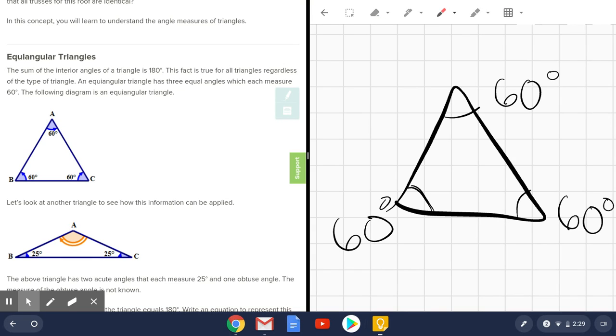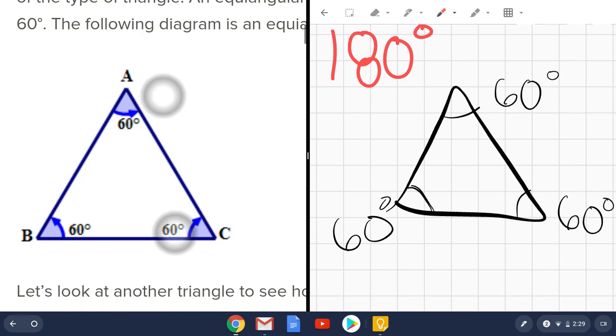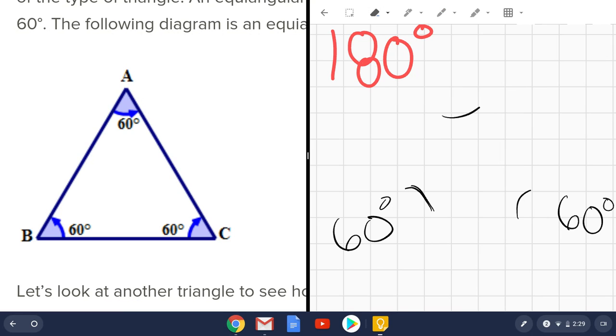So I'm going to keep that right here, 180 degrees. That's our total, and I'm going to try to keep that up on the page as much as possible. This fact is true for all triangles, regardless of the type of triangle. So it doesn't matter if it's obtuse, equal angular, acute, they will always add up to 180 degrees. An equal angular triangle has three equal angles with each measure of 60. You could see the diagram of an equal angular triangle right there. Each angle equals 60 degrees.